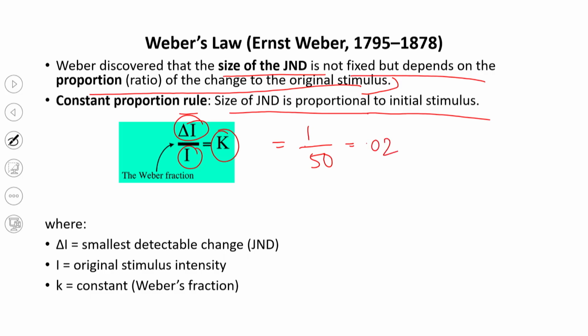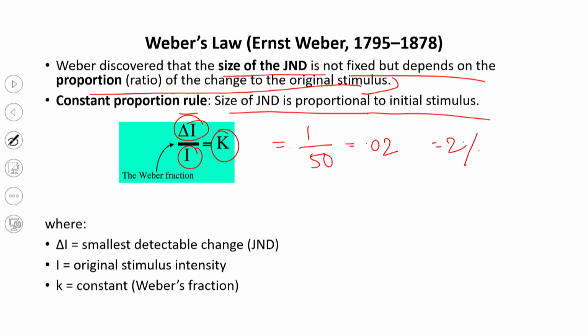If you convert it into percentage, multiplying by 100, it becomes 2%. So, what does that mean? Let us say through experiment I find that for 50 kg weight I need 1 kg to be added to understand the difference. Then the proportion is 0.02, or in percentage, 2%.